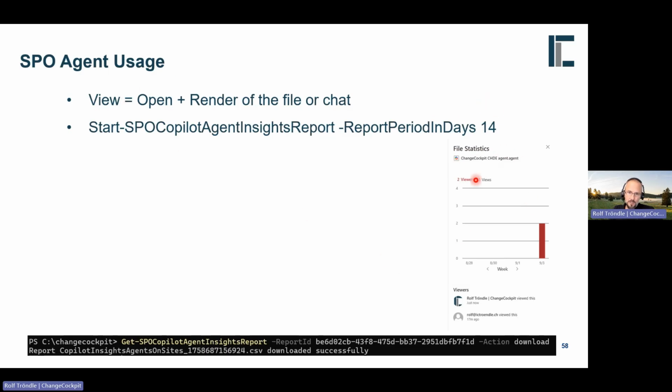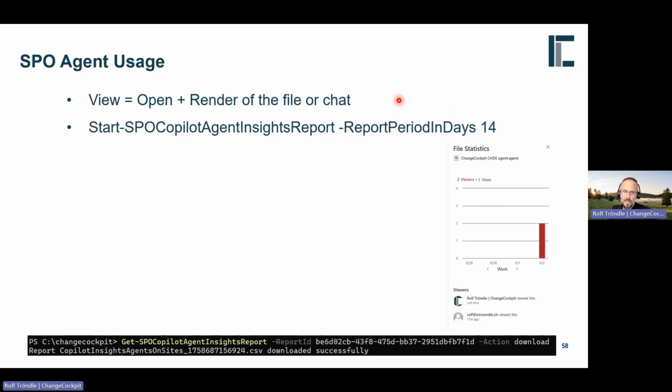If you click on the details, we'll see the file statistics, and a view count is the same as open and render of the file or chat, meaning we have here 2 viewers, 3 views. So this agent was used 3 times. At least when I know that this agent exists and I find the respective agent file, it will be visible if and how many times it was used.